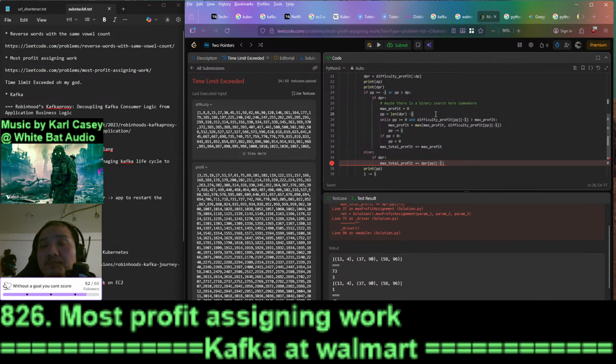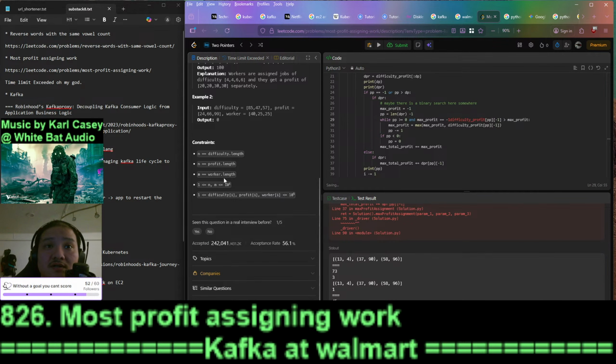Okay, so basically we do this, right? And max profit equal to this one. Okay, what is the constraint here?